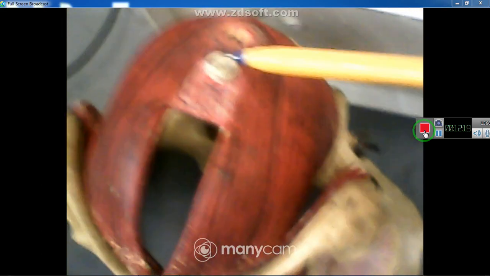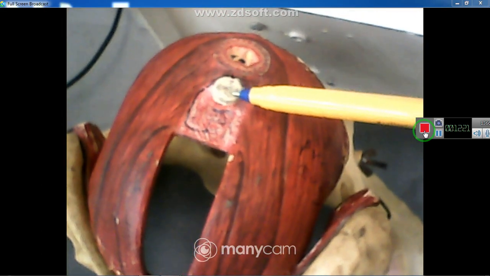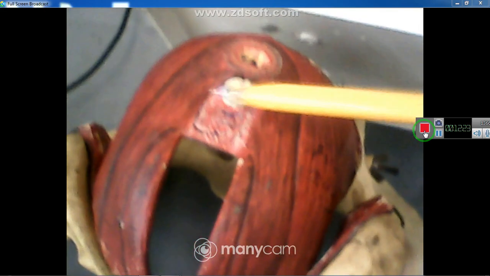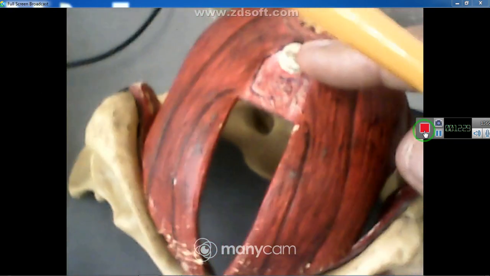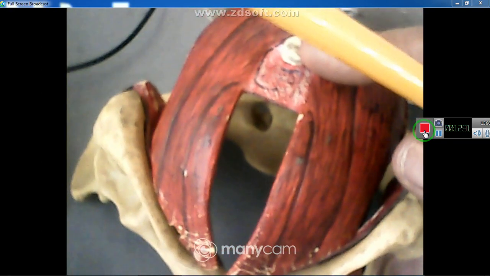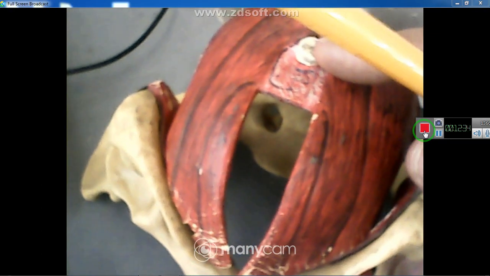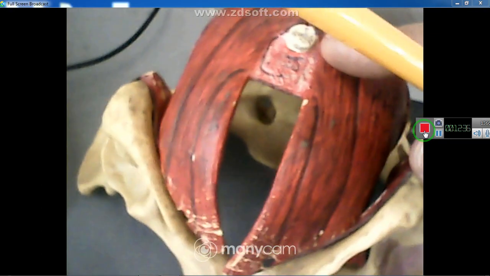Going back to this sample, this is the anal canal, and anterior to it is the perineal body, a fibrous nodule. It lies in the middle of the interischial spine. The perineal body shows attachment of, I think, nine muscles. I don't know the number.